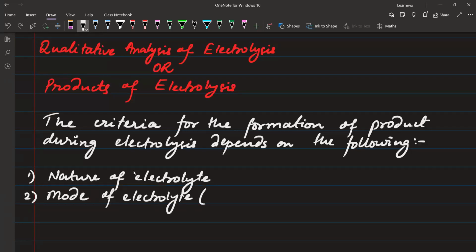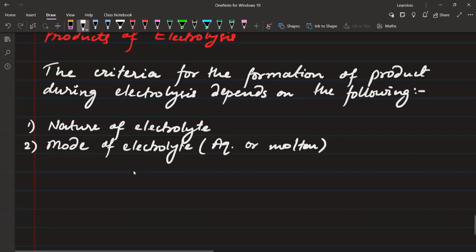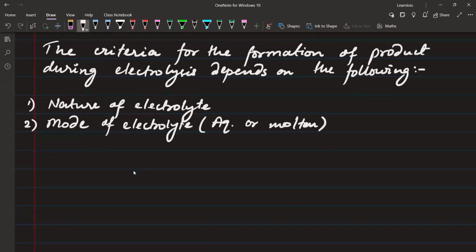The electrolyte could be in aqueous state or molten state. Sir, what difference will that make? In aqueous state, you will have one more chemical species, that is water. So water may interfere somewhat. How it may interfere, we are going to look at in detail when we look at the examples of the different electrolytic cells.